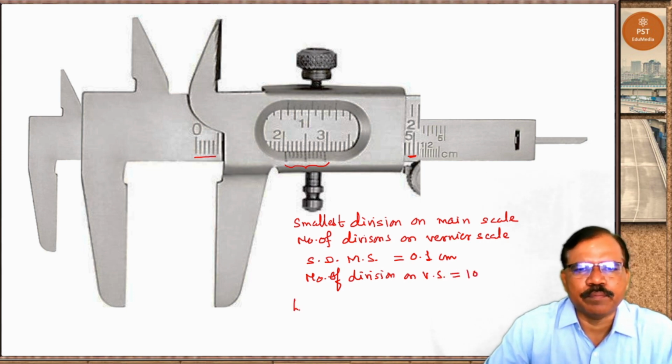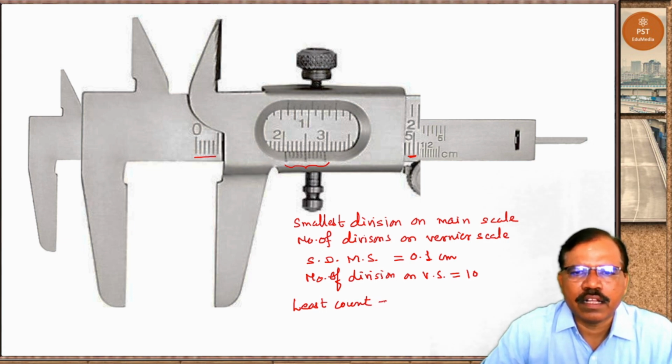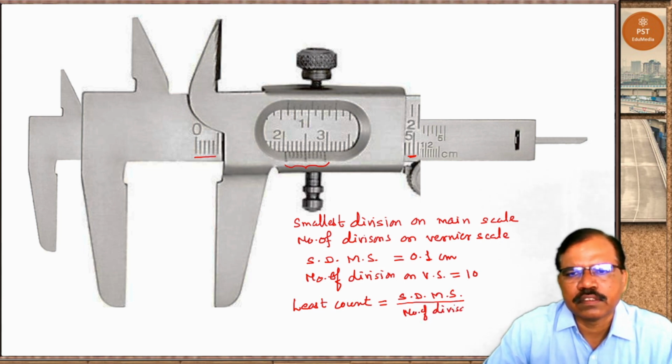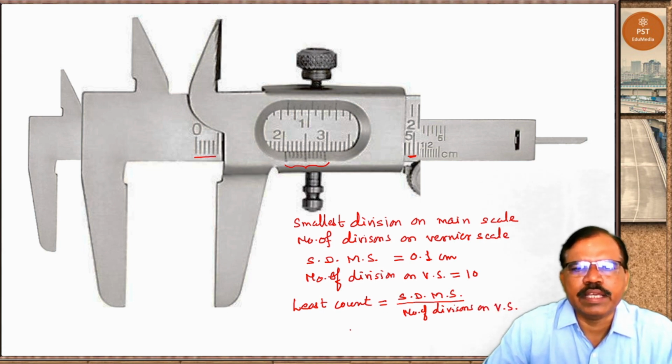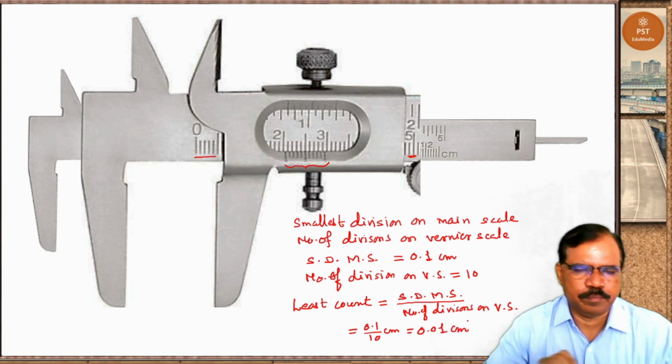So we define least count as the smallest division on the main scale divided by the number of divisions on the vernier scale. So we get here 0.1 divided by 10 centimeter, that is 0.01 centimeter.